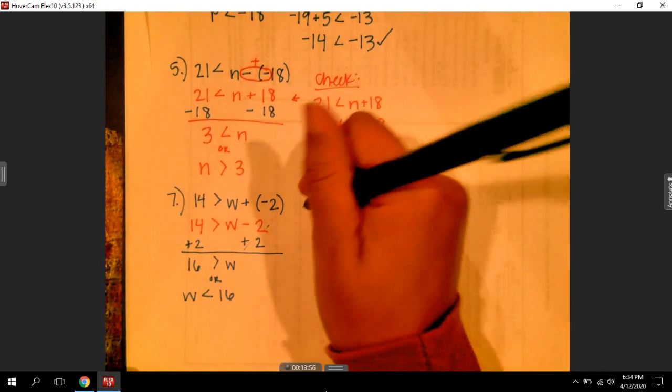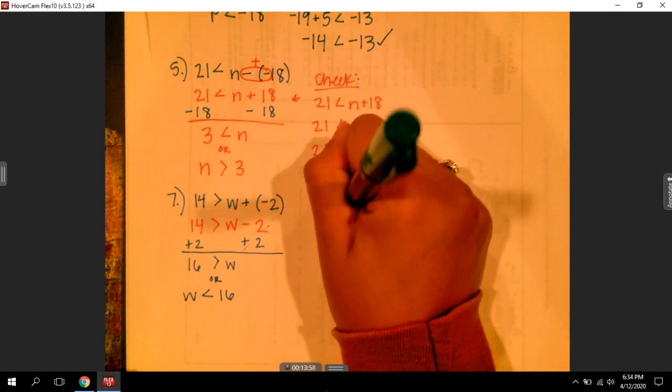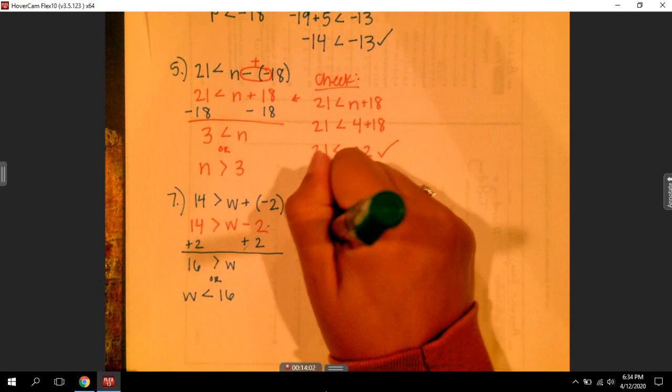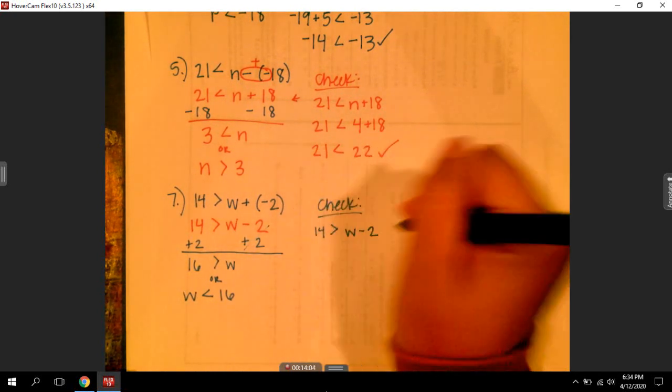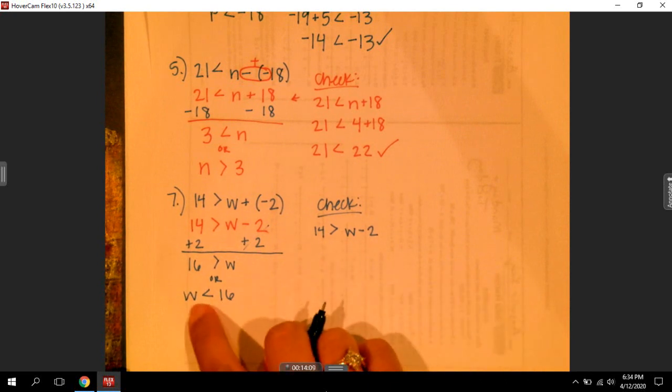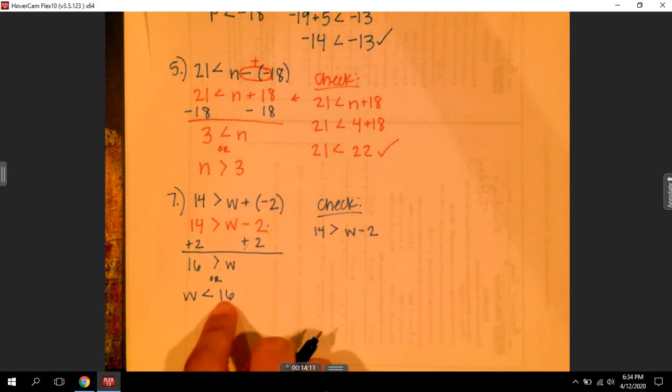So then we want to check it. So again, I'm going to use this 14 is greater than w minus 2. W has to be anything that's less than 16. So I'm just going to make it easy on ourselves. 0 is less than 16, right?